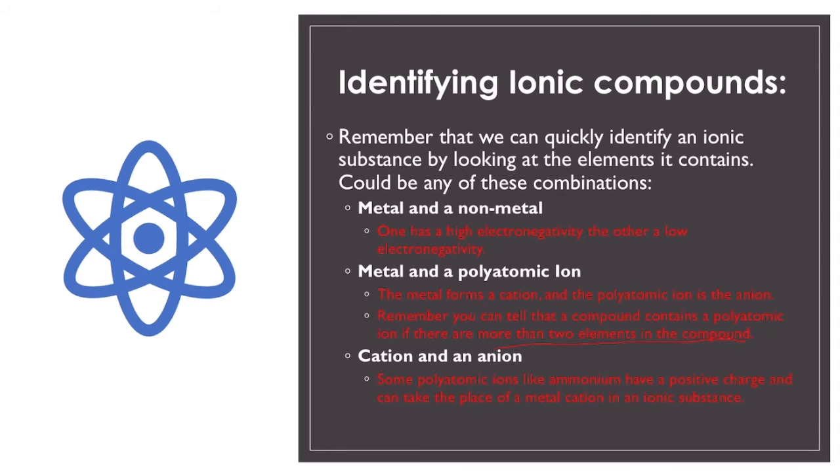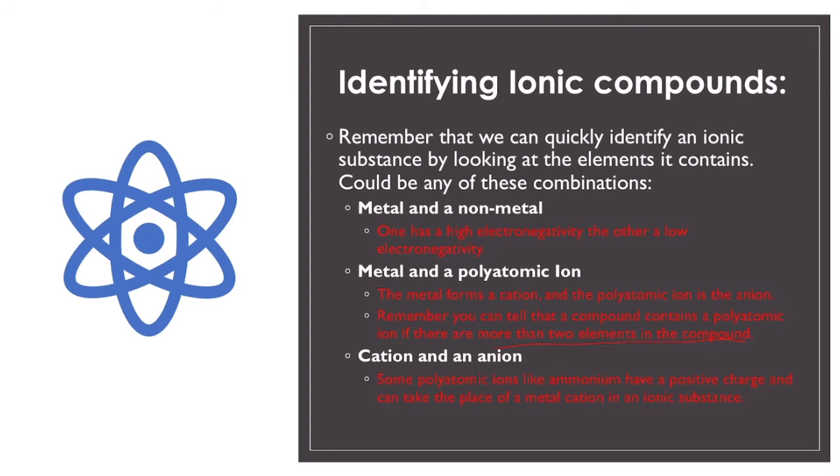And then more generally, an ionic compound can just occur between a cation and an anion. Most of the time, what we've talked about so far is that cations are always metal ions. But if you take a look at our list of polyatomic ions, there is one ion on there, ammonium, that has a positive charge.